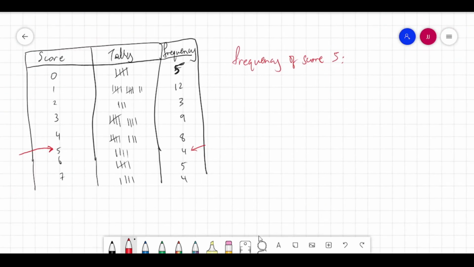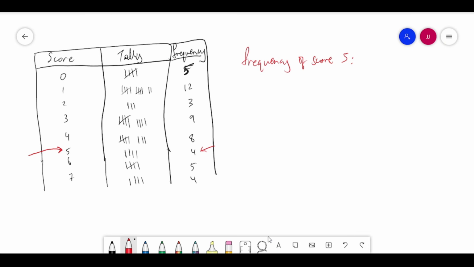So we have to find the total frequency. Putting this into a calculator, we will get the total frequency to be 50.